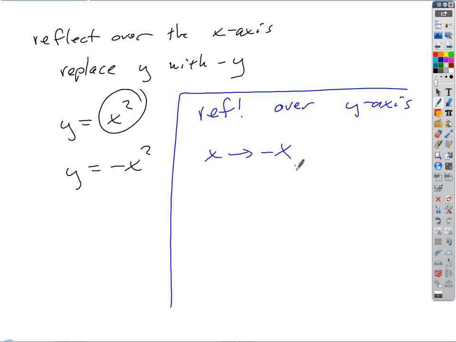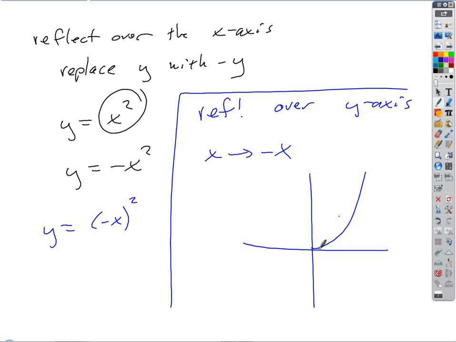So for example, if I want to reflect the parabola y equals x squared over the y-axis, I would just get the new function y equals negative x squared, all squared. Does that look any different? How come? If I simplify it, it just ends up looking like x squared. What's a parabola look like? If I reflect that over the y-axis, does it change? No. Doesn't change at all, right?